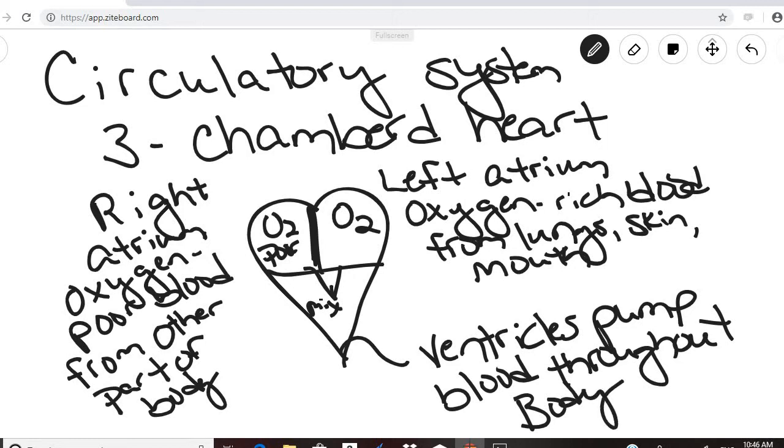But it's a 3-chambered heart. And as I said, remember, as the organisms get more developed, we'll see that the heart becomes more complicated. Okay, so that's the circulatory system.